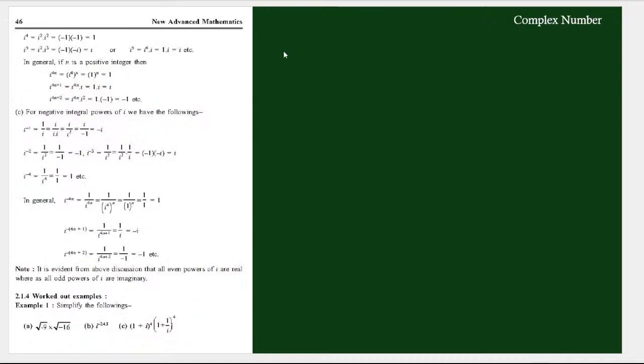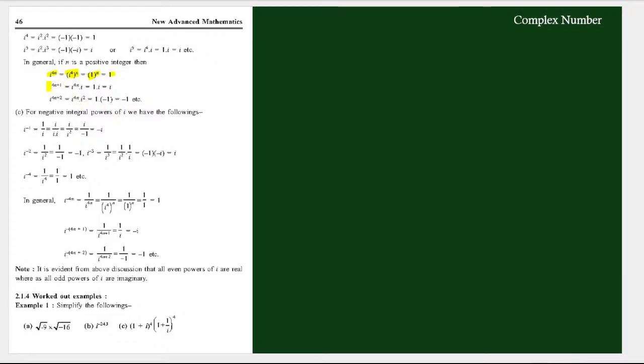See? So ये now अपने किताब में लिखो, notebook में. So if n is a positive integer, then i to the power 4n will be 1 to the power n, and 1 का power जितना भी हो, it will give you 1.